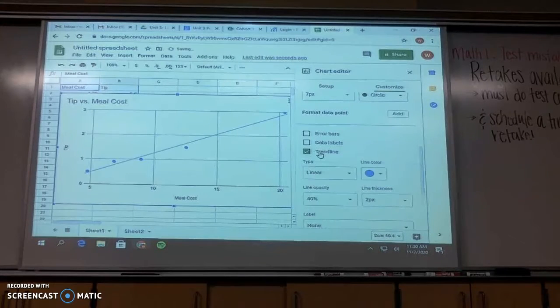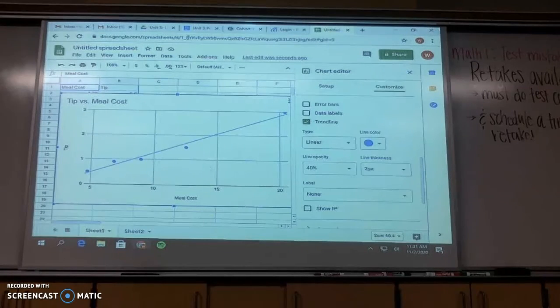Select it, and it's going to make a line that is the best fit for this graph. It takes our points and tries to find some line. As you can see, as your meal cost increases, your tip money increases. This is a linear example because it's a line.